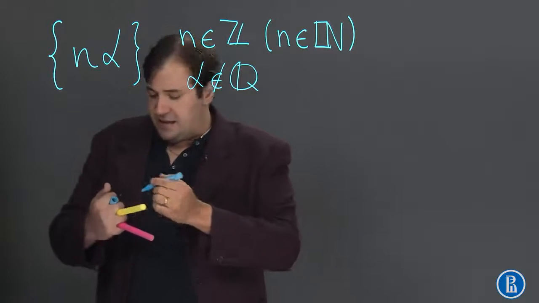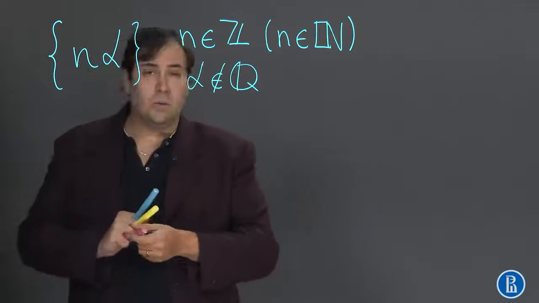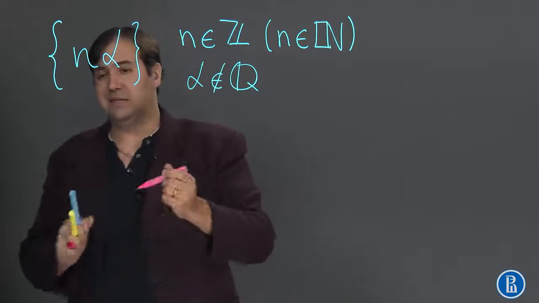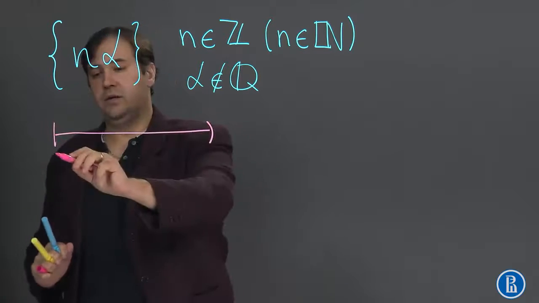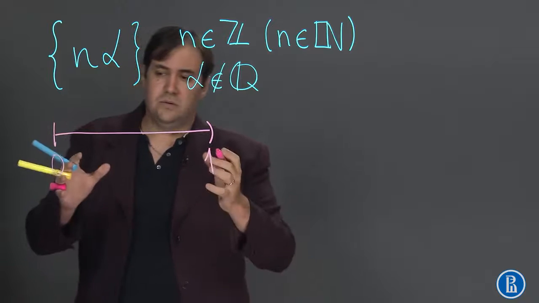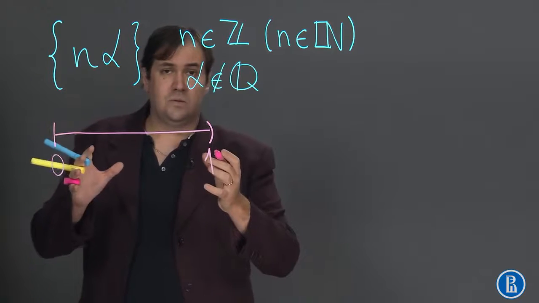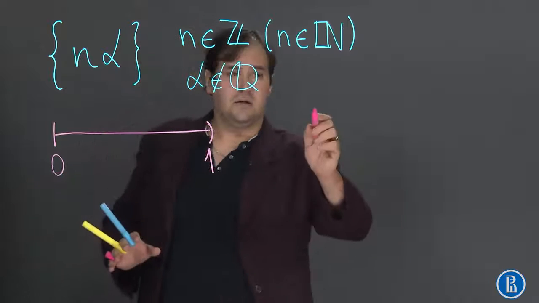Well, we understand that the fractional part always belongs to a semi-open interval from 0 to 1. So it allows us to consider not the semi-open interval, but the circle.